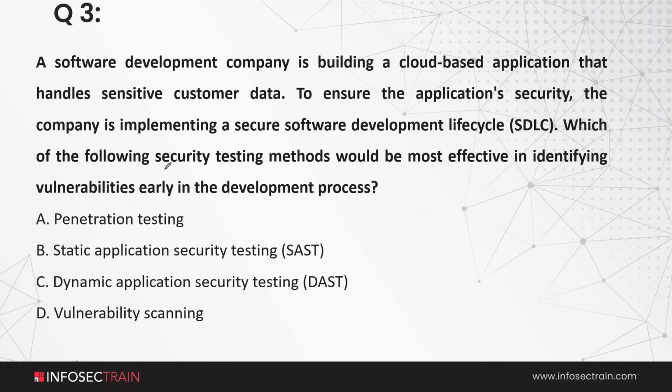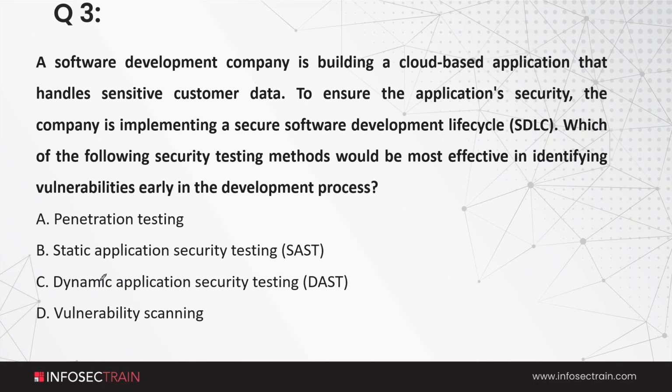In the development phase, or early development, which one of these things happens in the development phase? The SAST, that is static application security testing. This is a process where we test our code for vulnerabilities, not the application.